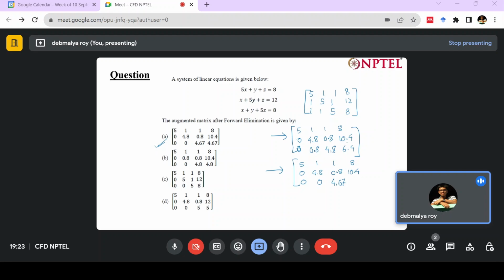Similarly, 10.4, if I divide it by 6, this would also give me 4.67.